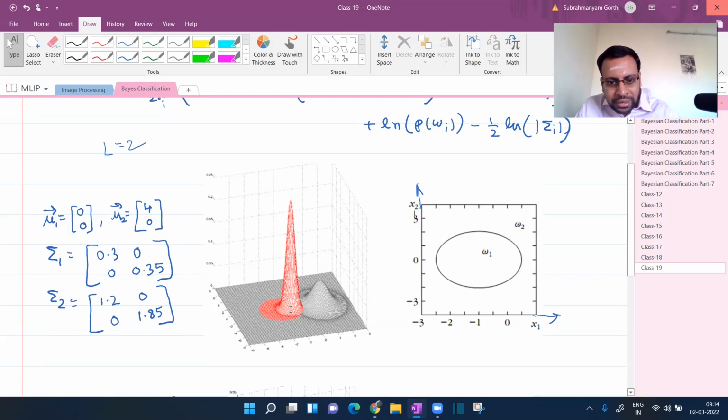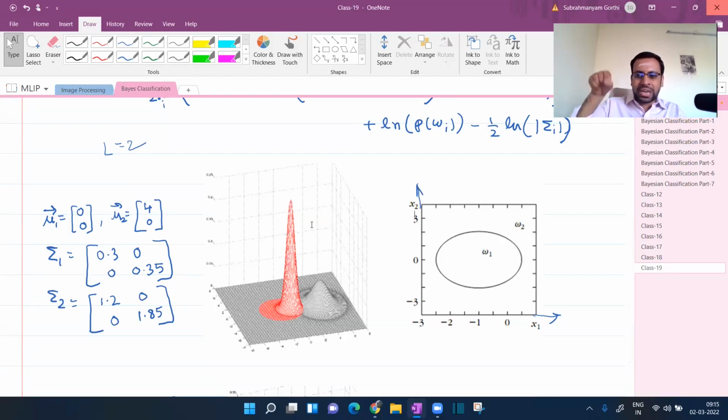Now look at this plot here. Centered at (0, 0), along the x-axis the variation is 0.3 and along the y-axis 0.35, almost similar, but still it's an ellipse. And since this variance is less compared to the other, obviously it's a PDF. Essentially, the Gaussian distribution is 1 over root 2 pi into sigma.